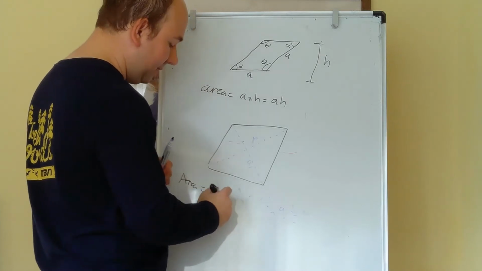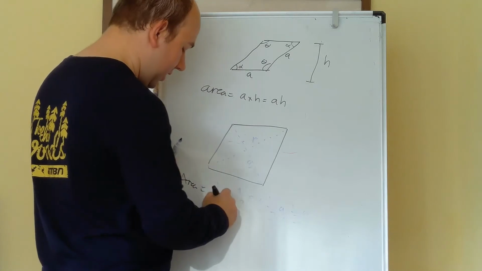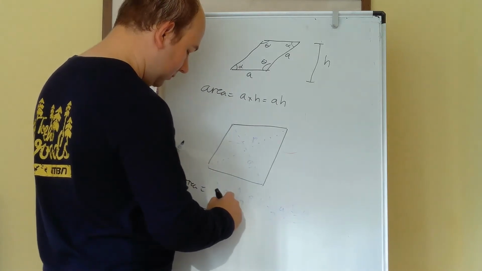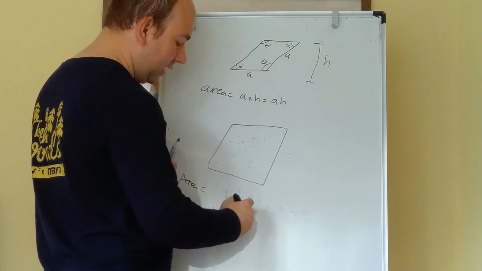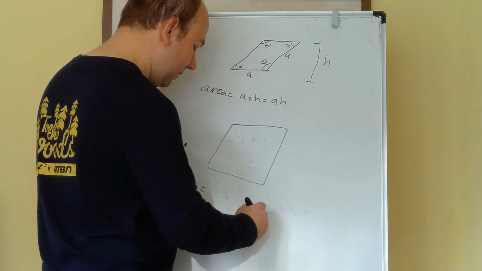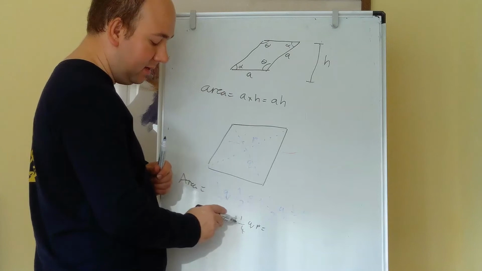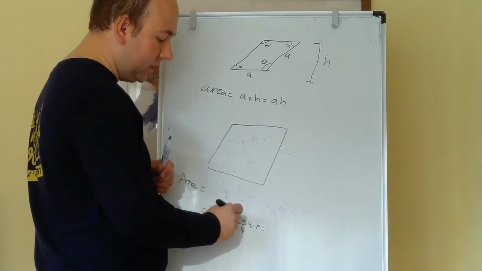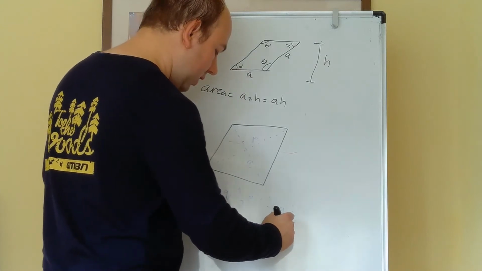So we've got a half times a half, which is a quarter, P times Q is PQ, plus another half times a half, which is a quarter, QP. So we have a quarter QP plus a quarter QP, which would equal a half QP.